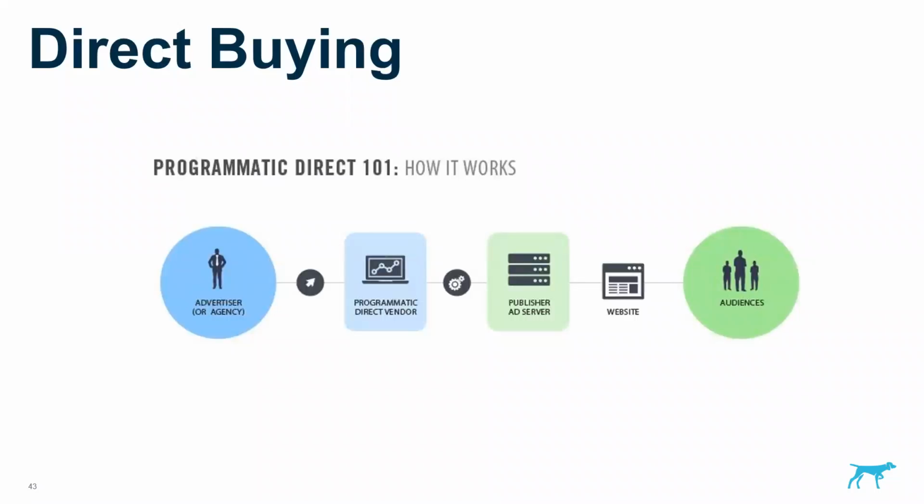So that's the advertiser or agency going straight to the programmatic direct vendor, which is also a DSP, but in this case, it's not there to do bids. It's just there to talk directly to an ad server. They've said, look, we want to have our ads appear on this website. We'll pay you this much for it. Once that is agreed upon, then it goes straight through to those orders. So one way that these types of buys happen is with homepage takeovers.